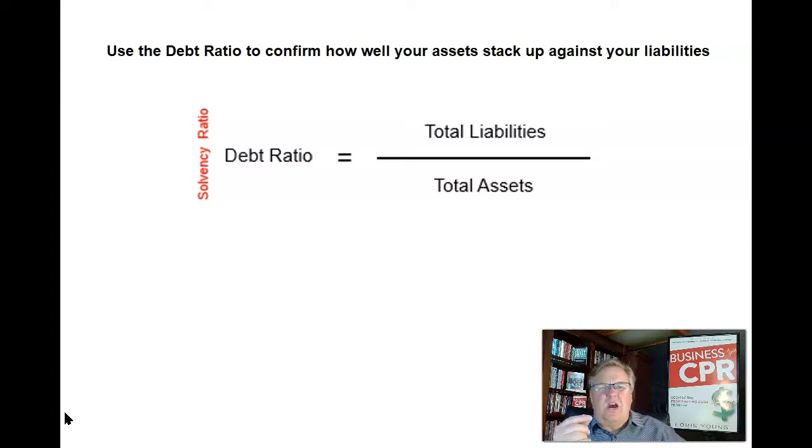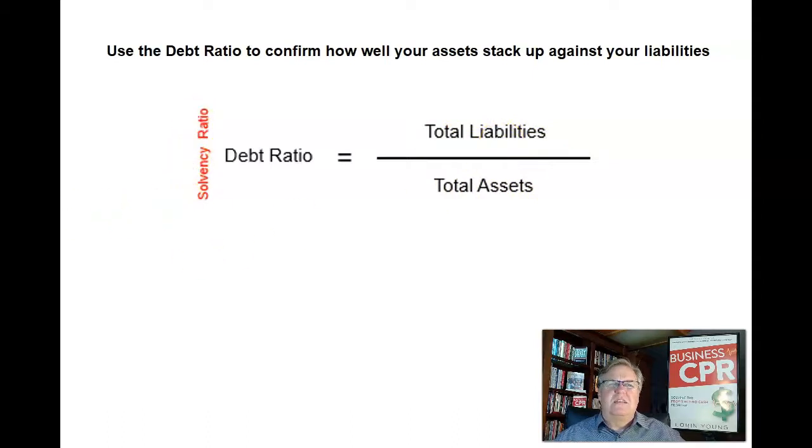The debt ratio is a gauge of how much liquidity exists in a business. In other words, are there sufficient assets that, if the business was to close, could be sold off to cover the liabilities?